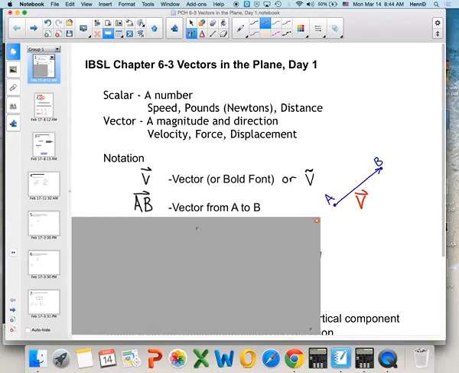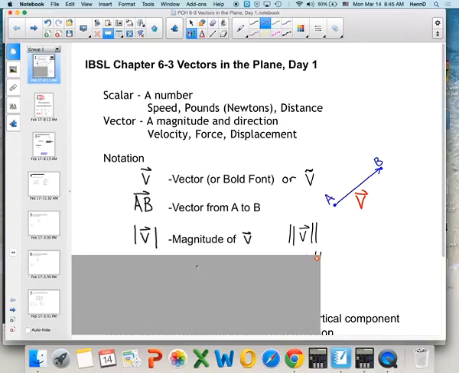What's going to happen if I reverse the order of those letters? That'd be in a different direction. Yeah, the arrow would be going from B to A. It's going to be the opposite direction. Okay? It's going to be the opposite direction. So, be careful here that you put your letters in the correct order. Okay?